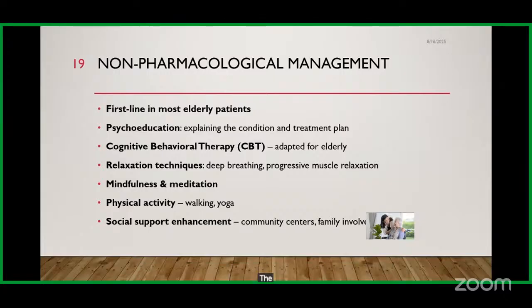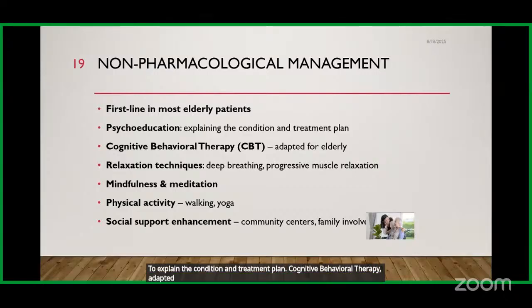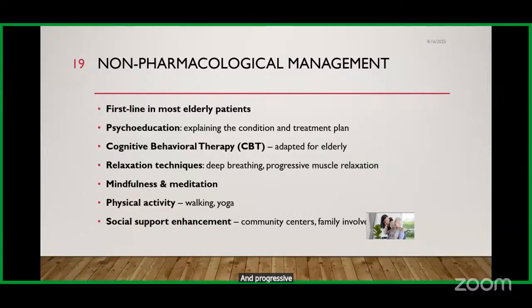First line in most elderly patients: psychoeducation to explain the condition and treatment plan, cognitive behavioral therapy adapted for the elderly, relaxation techniques like deep breathing, progressive muscle relaxation, mindfulness and meditation, physical activity like walking, yoga, tai chi, and social support enhancement in community centers and family involvement.